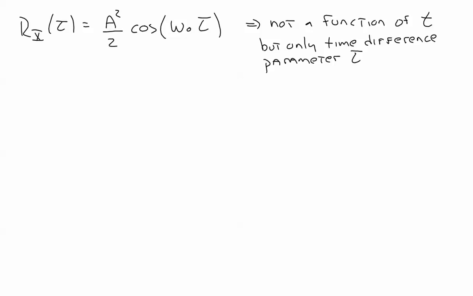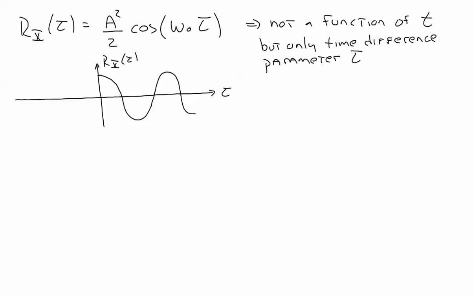And in fact, my autocorrelation looks like this. That's a tau axis. This is my autocorrelation as a function of tau, and it looks something like this. That's 0.